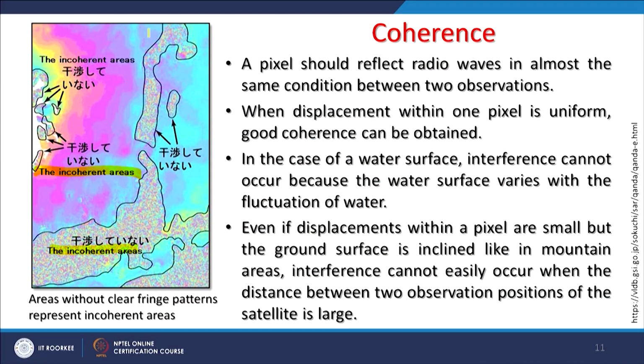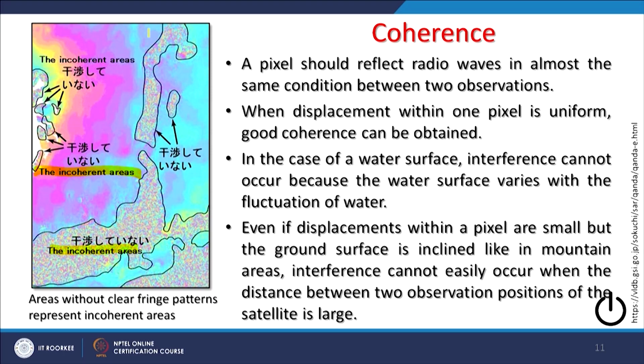Even if displacements within a pixel are small between the 2 images, but the ground surface is inclined, like in mountain areas, then interference cannot easily occur when the distance between the 2 observation positions of the satellite is large. So, these are some of the reasons which may create problems in getting coherence, and if you do not have coherency in the scenes, then interferograms cannot be derived.